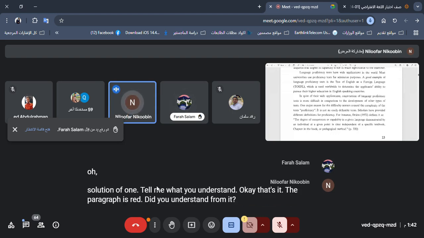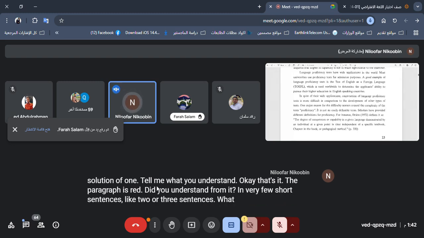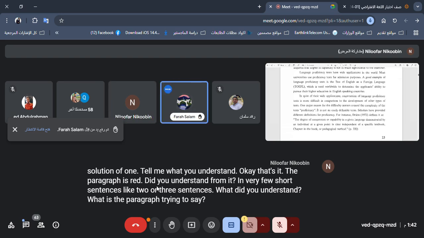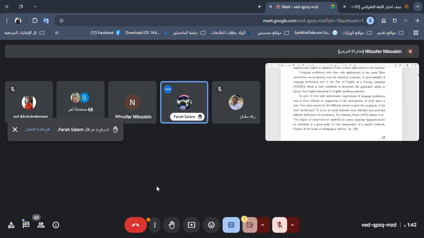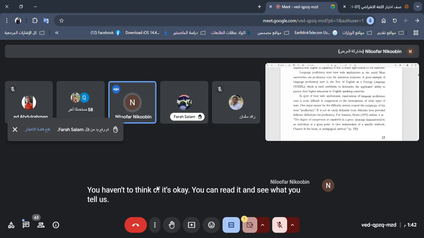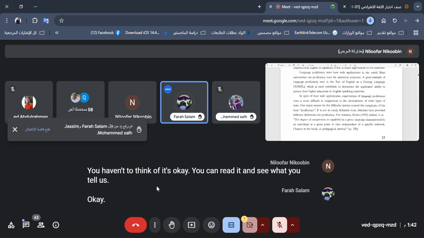In very few short sentences, like 2 or 3 sentences, what is the paragraph trying to say? You have a minute to think about this one. It's okay. You can read it and see what you understand and tell us.